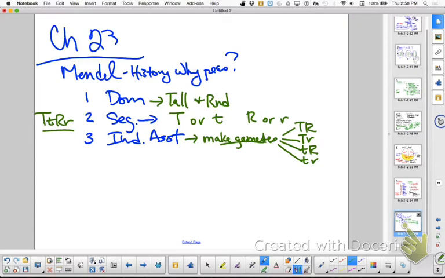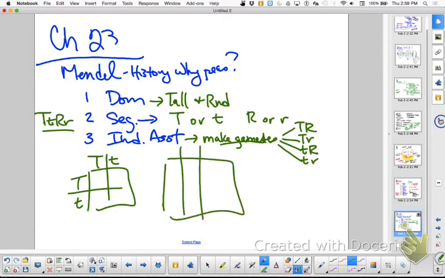Yes? Can you explain the different types of crosses, like dihybrid? Yes. So a monohybrid cross would be like this, big T with little t. Mono, 1. Dihybrid would be when I have something like this going on.